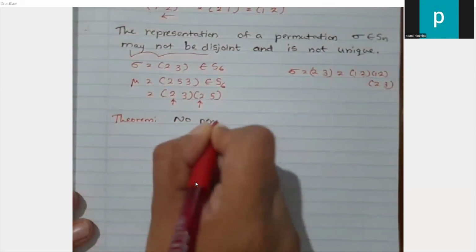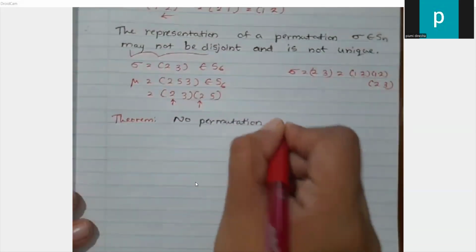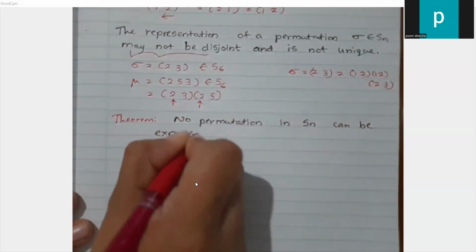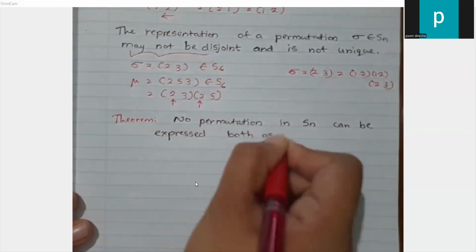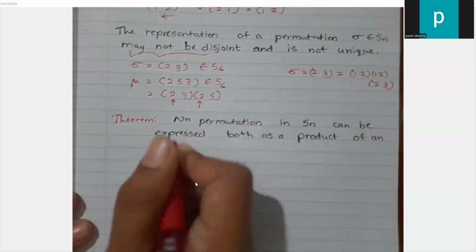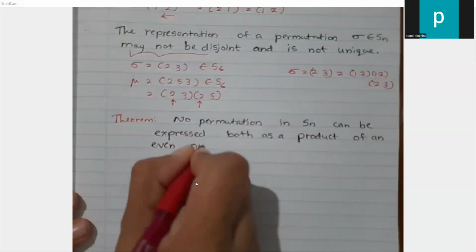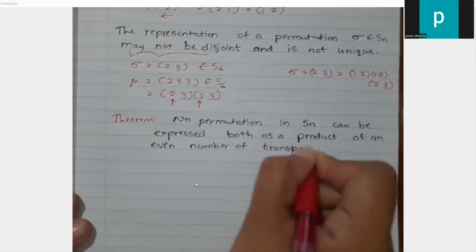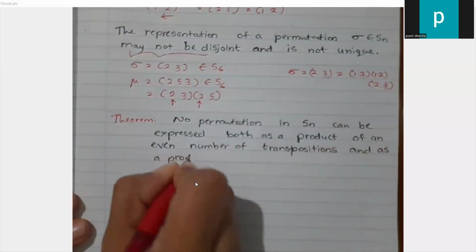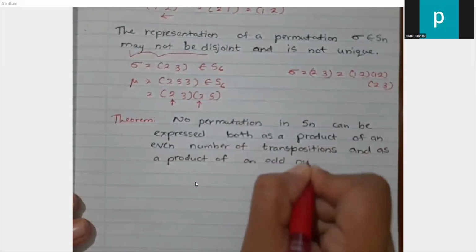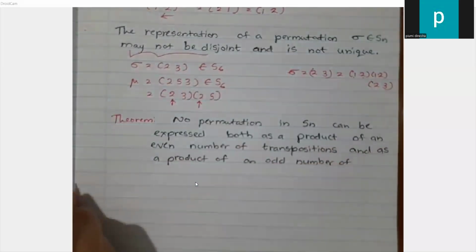No permutation in Sn can be expressed both as a product of an even number of transpositions and as a product of an odd number of transpositions.